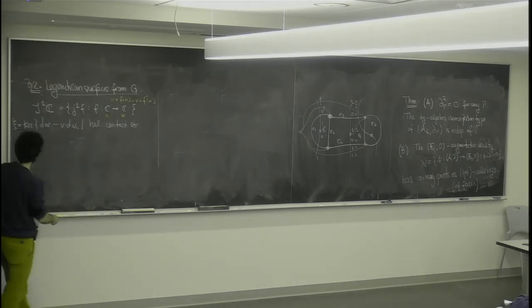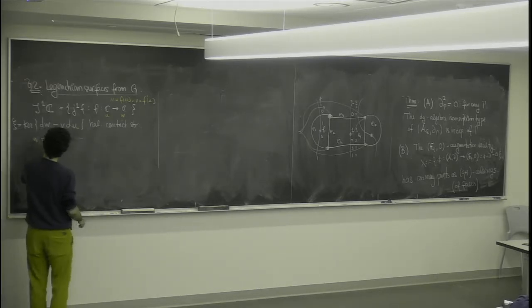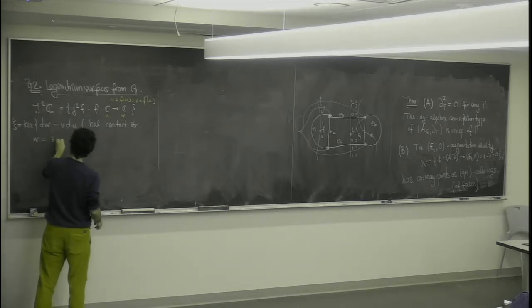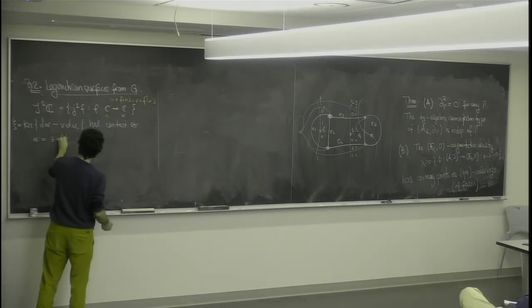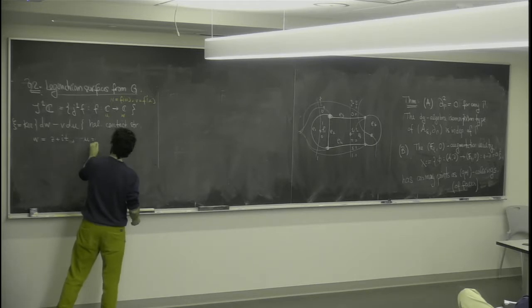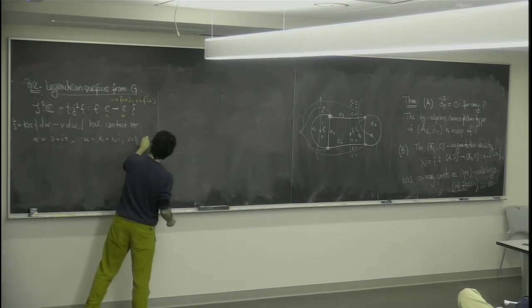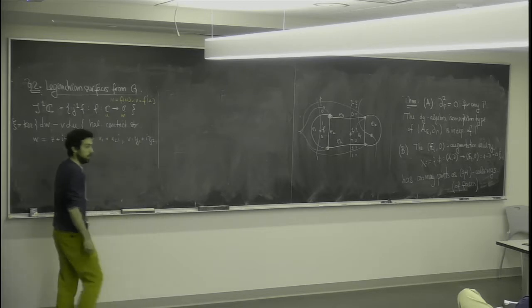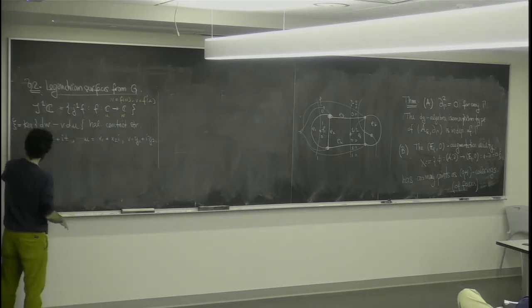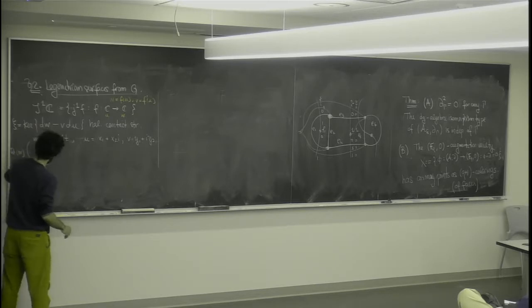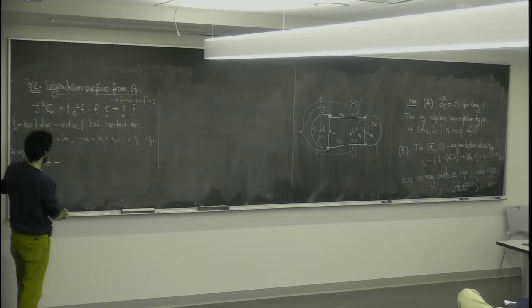And what you can do now is that, well, w might be something like z plus i times t. u might be x1 plus x2 i. And then v might be y1 plus i y2. And out of here, by taking the real part of w, what I get is a contact form, which is dz minus, so that's taking real parts of everything.